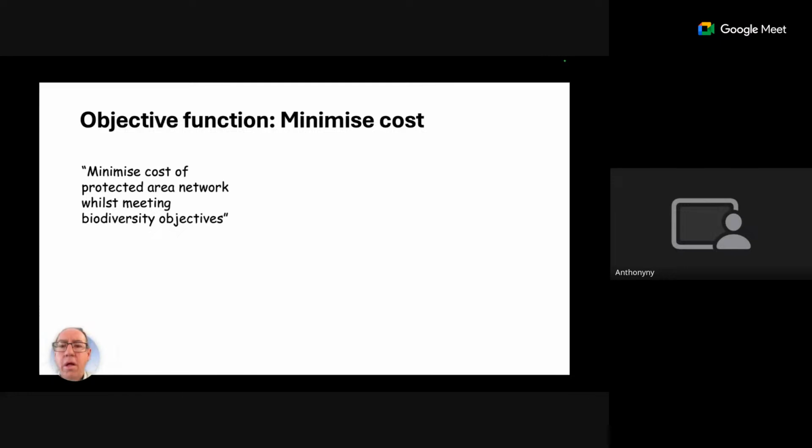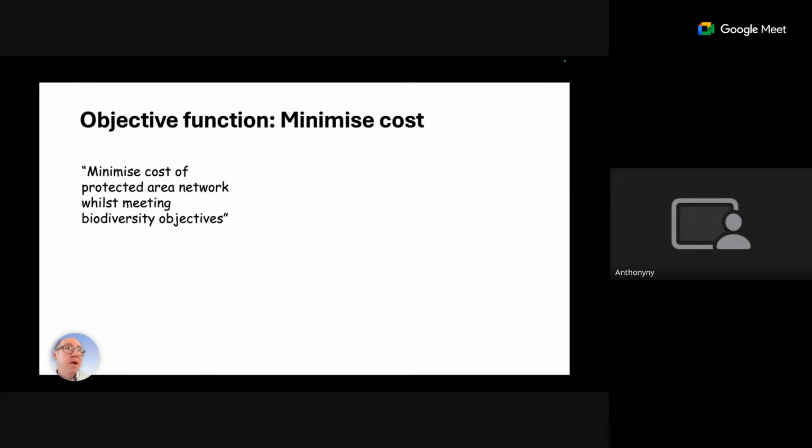So we think of an objective function, which is what we want to minimize or maximize. So the general one is we want to minimize the cost. And what I mean, that might be cost to fishing, cost to mining industry, whatever it is, cost to agriculture on land. But minimize the cost. So for each of the planning units, we need to have a cost.